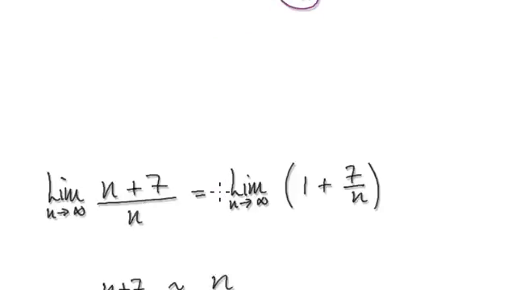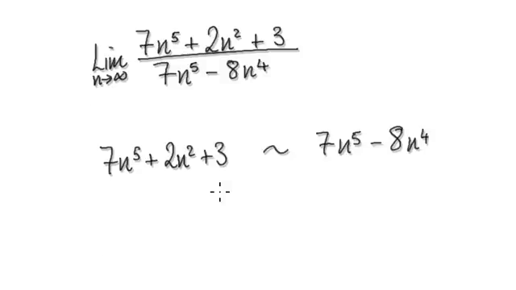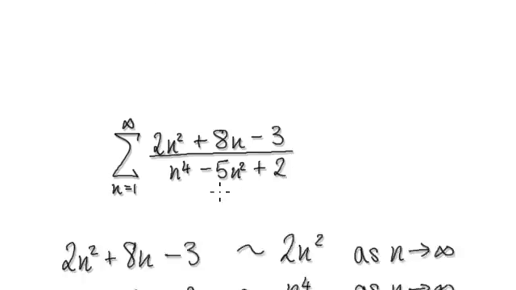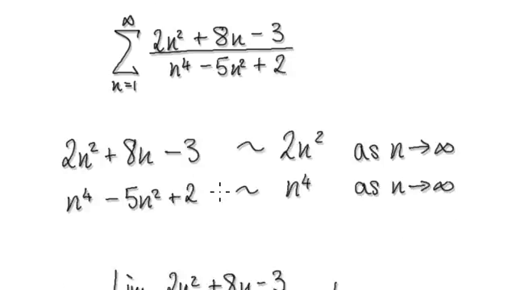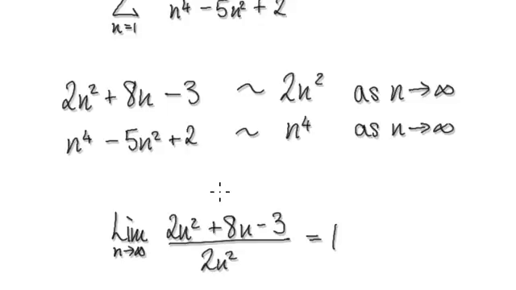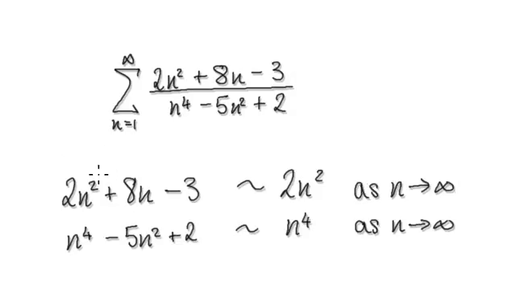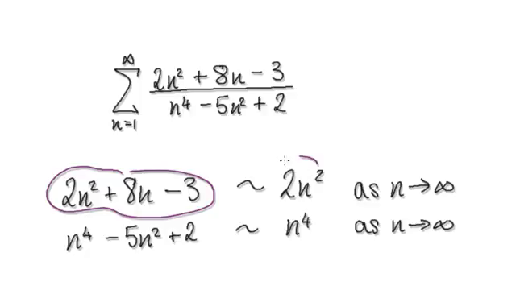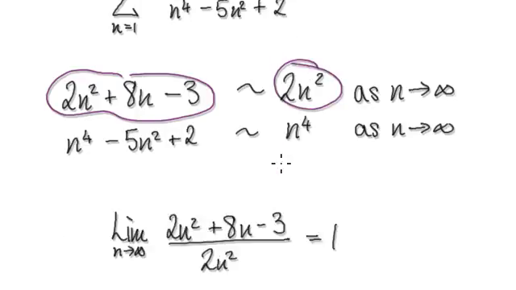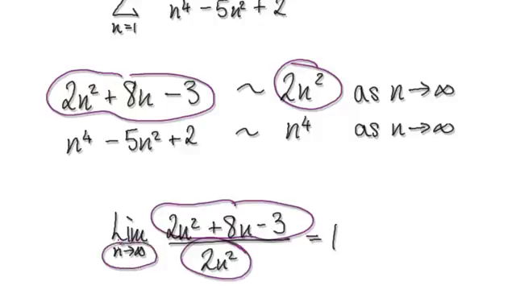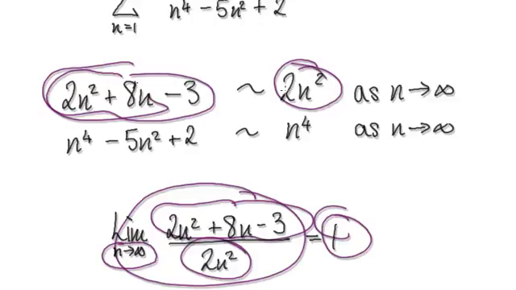So going back to down here, this thing here is similar to this, because if you get this divided by this, as n gets bigger and bigger, it equals 1. So this thing here is similar to this.